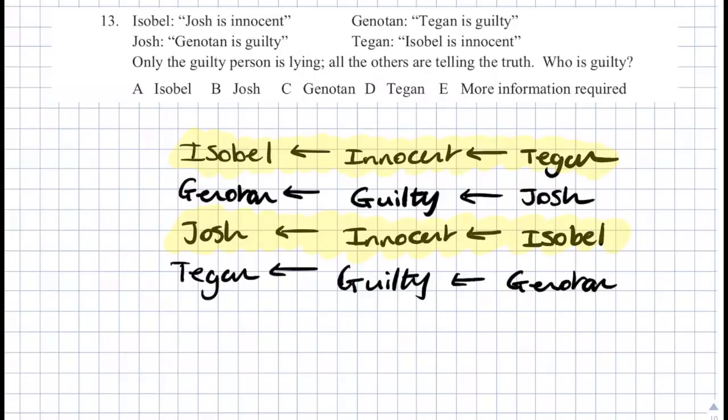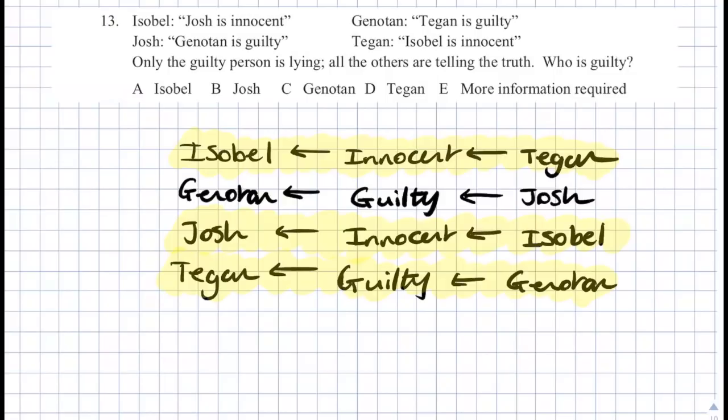So we can take him off the list. Then let's have a look at what Josh has said. Josh has said that Jennerton is guilty. Okay, so if Josh is telling the truth, then surely Jennerton is guilty. But let's have a look what else is being said. We've also said that Isabel is innocent, and Tegan has said Isabel is innocent. So on that assumption, we've got to say that Tegan is telling the truth.